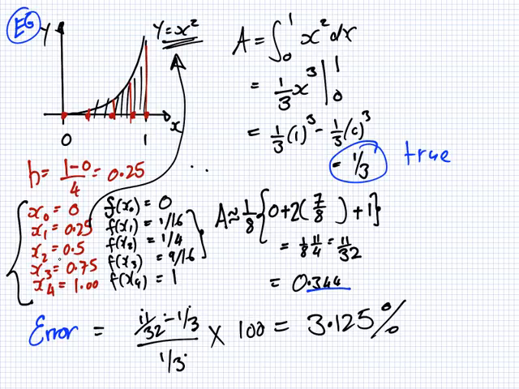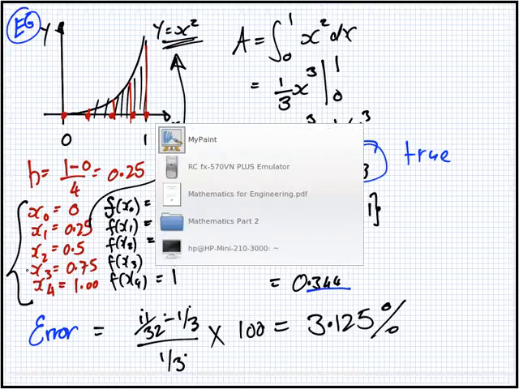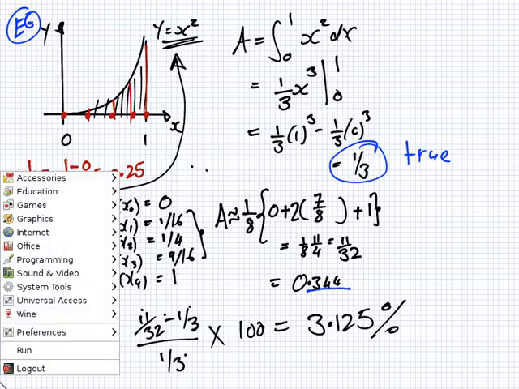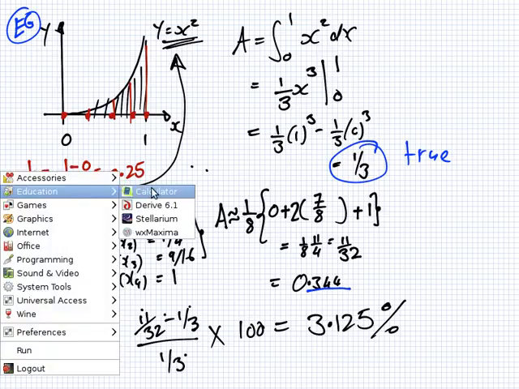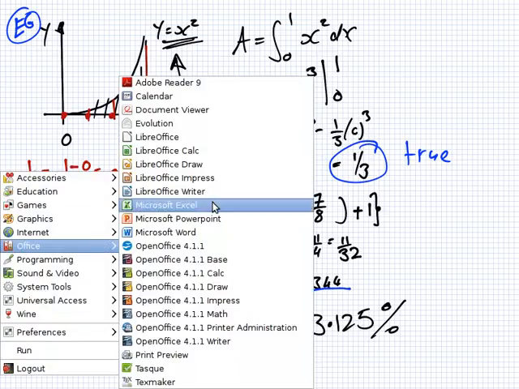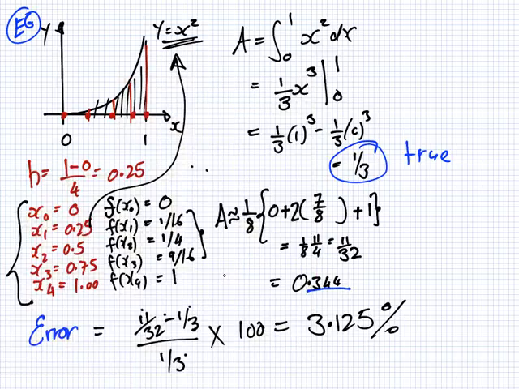All right. Let's have a look at this in Excel, because like I said, if we have more pieces, it should be more accurate. So, let's break it into 100 pieces and see what happens.